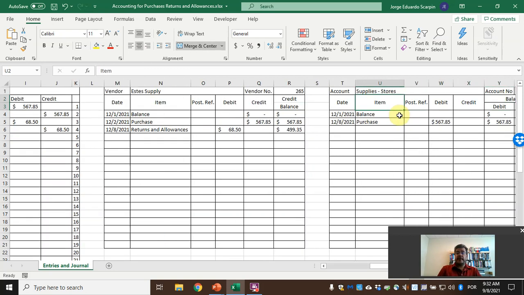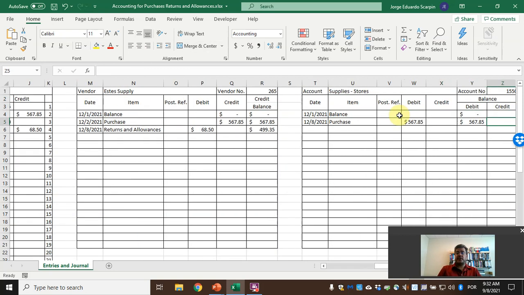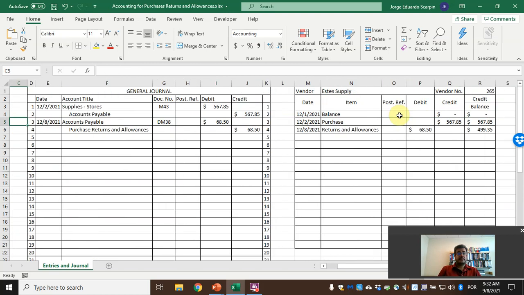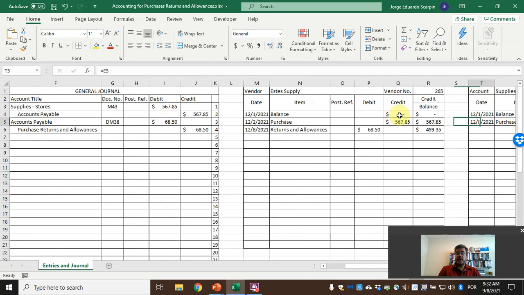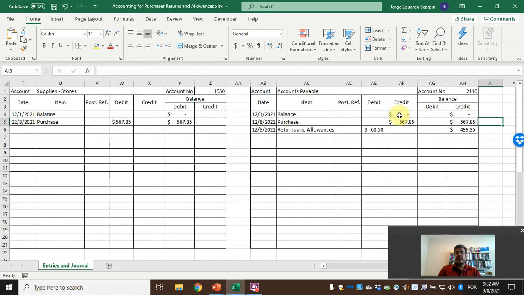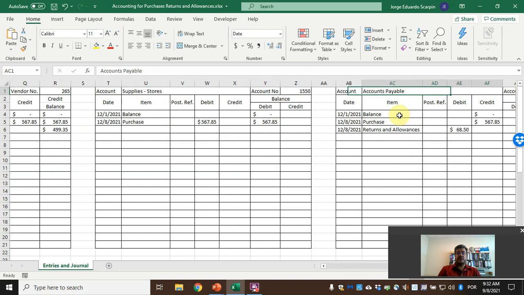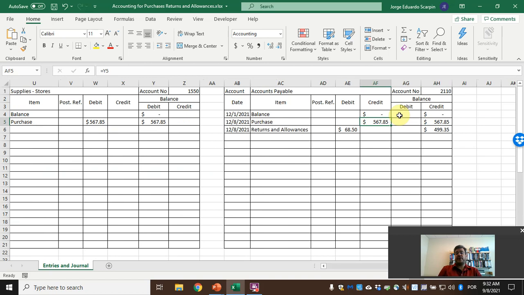Then the purchase here, 567.85. And then here the accounts payable, where we combine all of our vendors, the purchase 567.85.